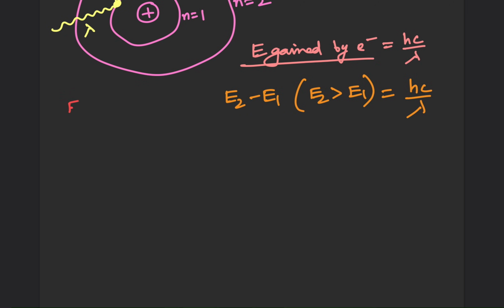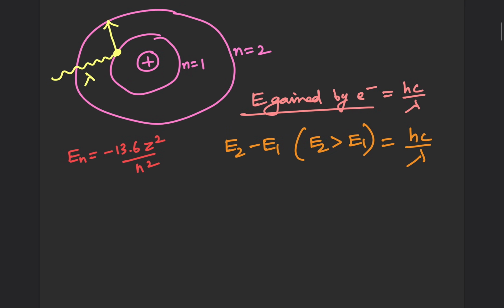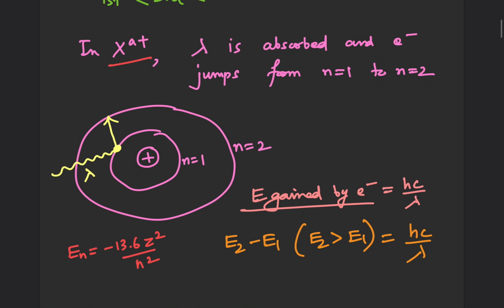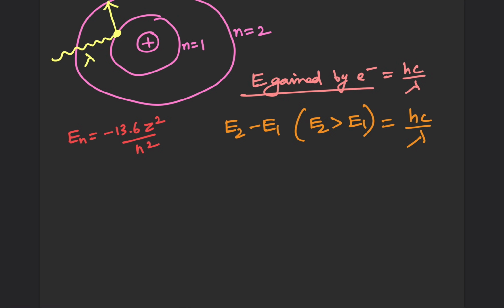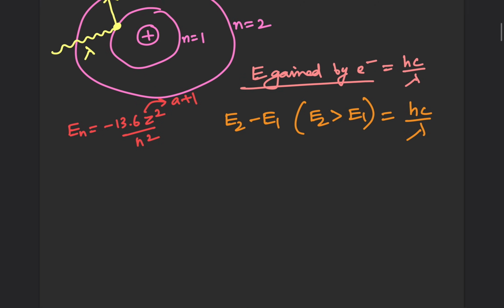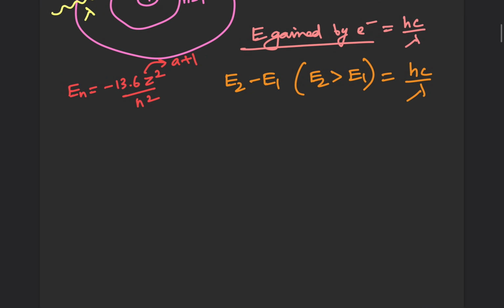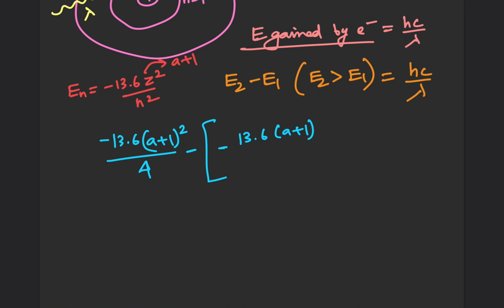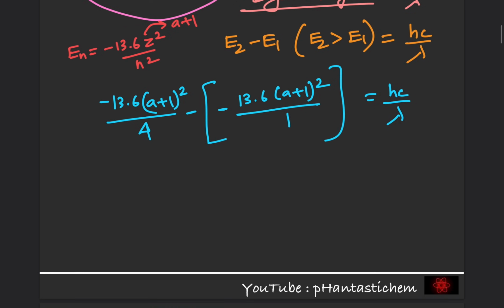And we know the equation that En is equal to minus 13.6 Z square by n square, and since it is Xa plus, the atomic number is Z equal to A plus 1. So taking care of these things, I can write E2 as minus 13.6 A plus 1 whole square divided by 4, minus of 13.6 A plus 1 whole square divided by 1, will be equal to hc by lambda.